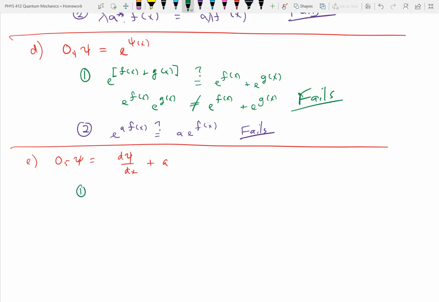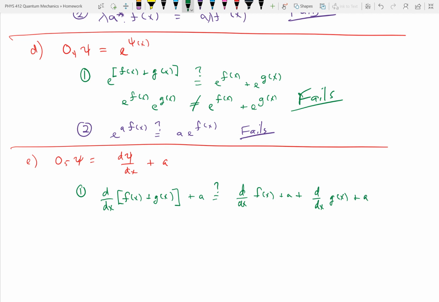So for the first one, we have d of dx, and we're taking the derivative of f of x plus g of x, and then our plus a, testing if it's equal to d of f of x with respect to x plus a, plus d over dx, g of x plus a.